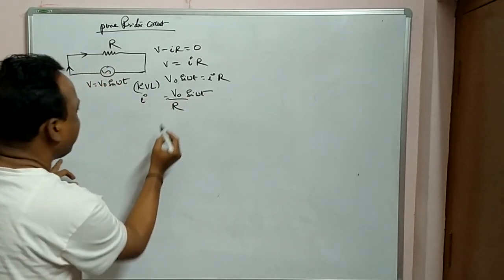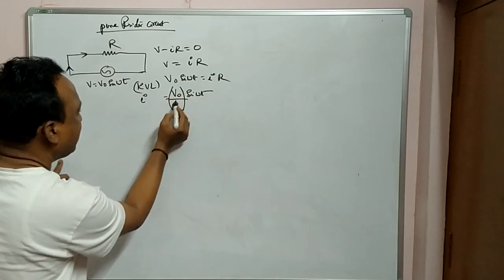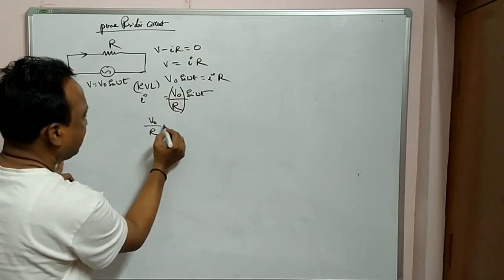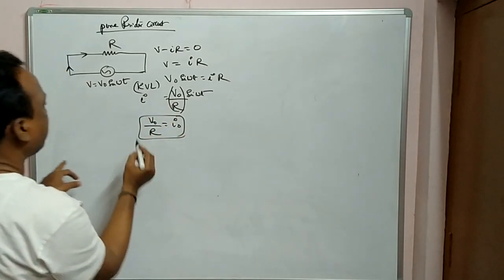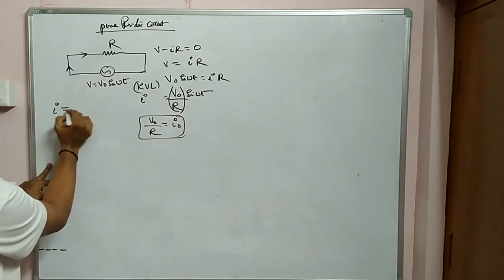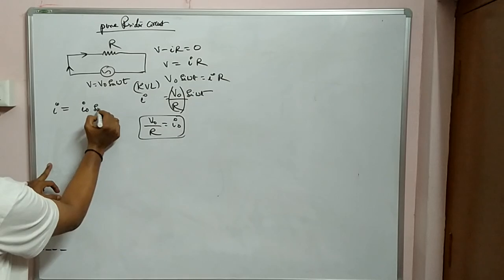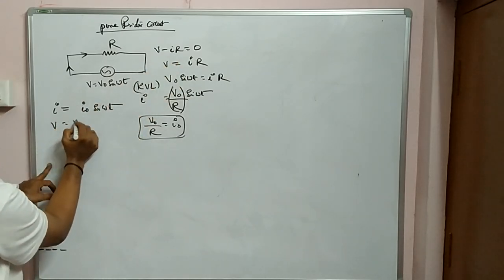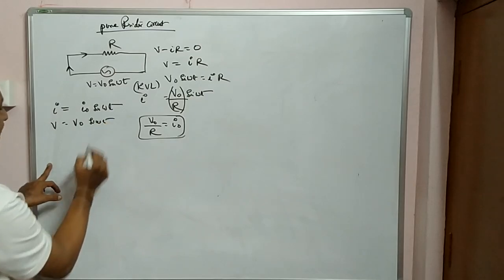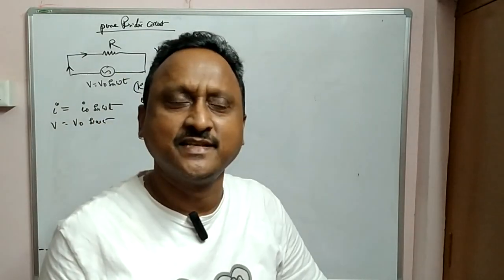So what is current here? If you observe carefully, V0 by R is nothing but I0, the peak value of current. Therefore I is equal to I0 into sin omega t. In the same way, V is equal to V0 into sin omega t. Is there any phase difference? No phase difference.